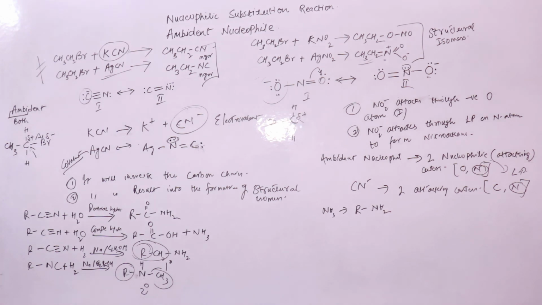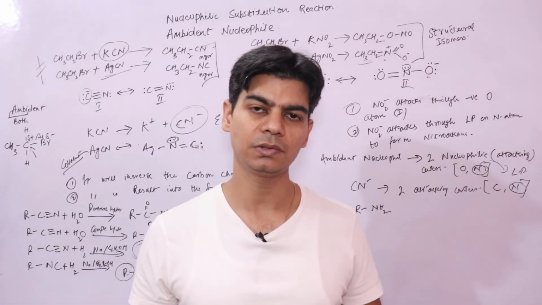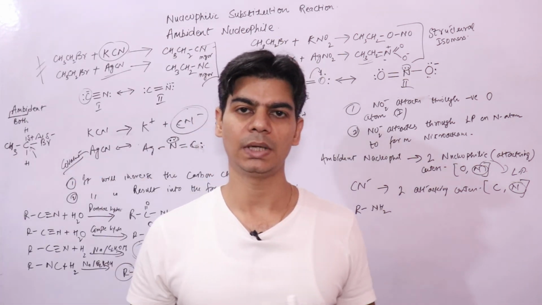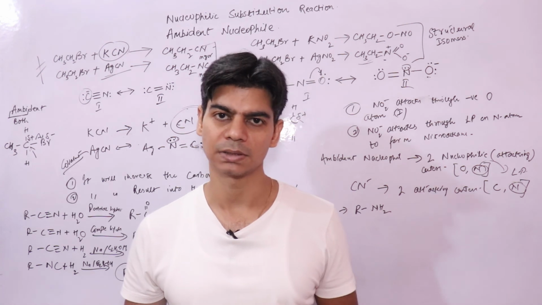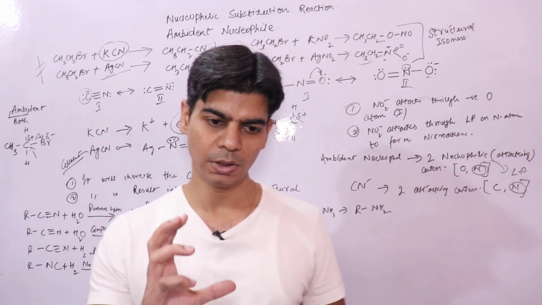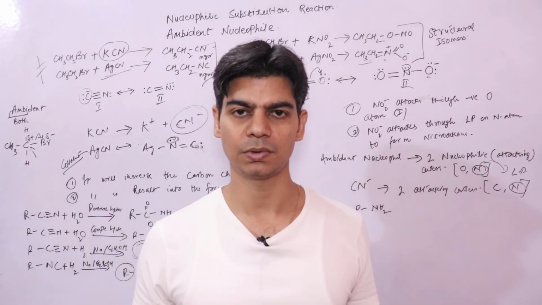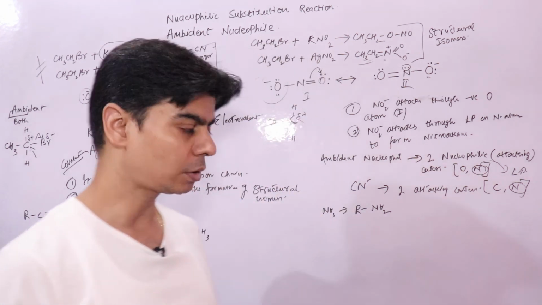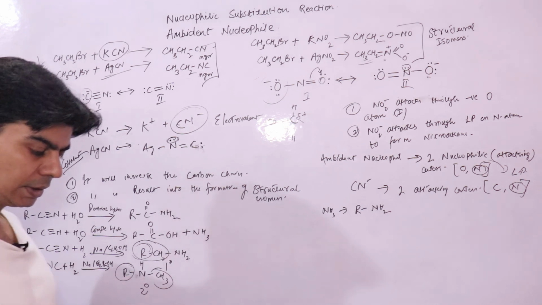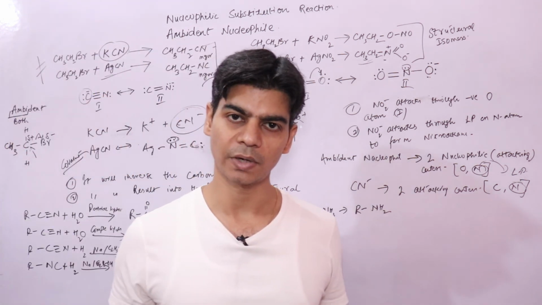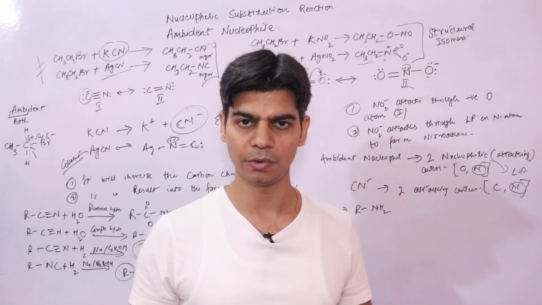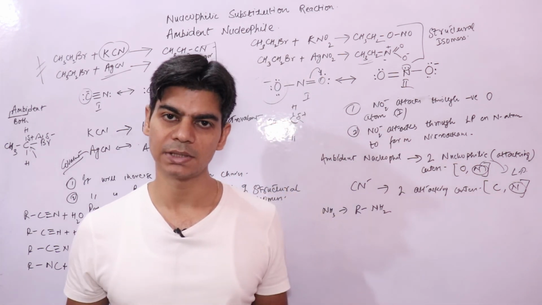I hope all this is clear. So the important thing that we have learned, nucleophilic substitution reaction, we already know. We have done this in mechanism of organic reactions, where a nucleophile will attack an electron deficient carbon atom. Those are nucleophilic substitution reactions. Here the important thing that we have understood is that there are certain important nucleophiles called ambident nucleophiles that have two attacking centers.